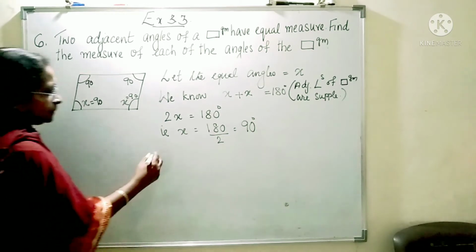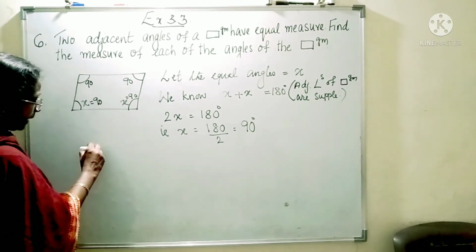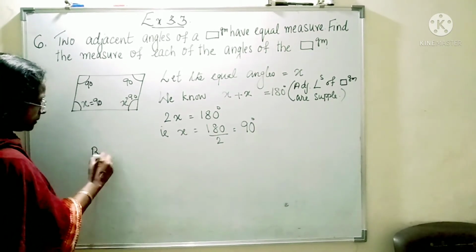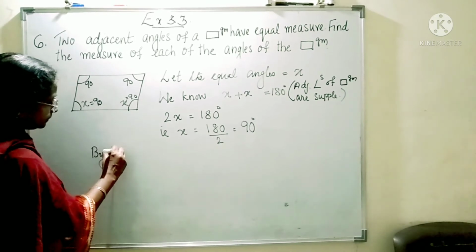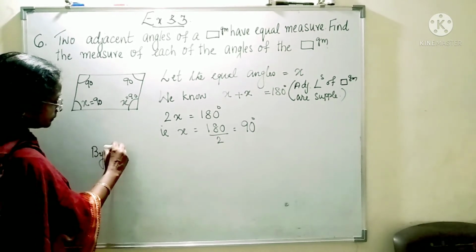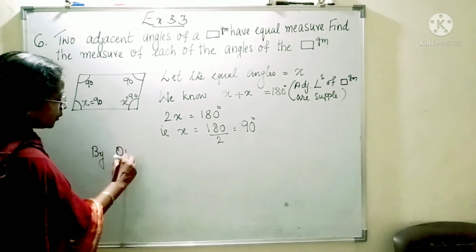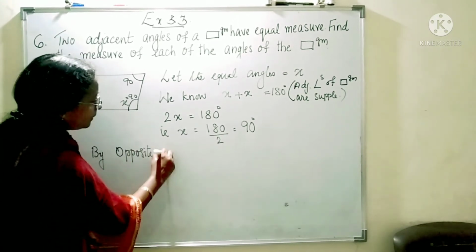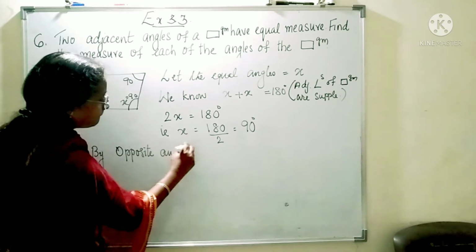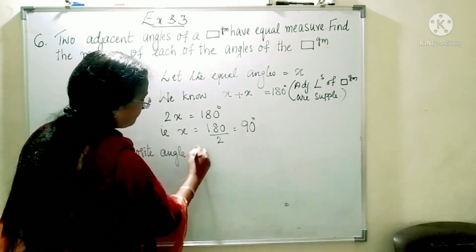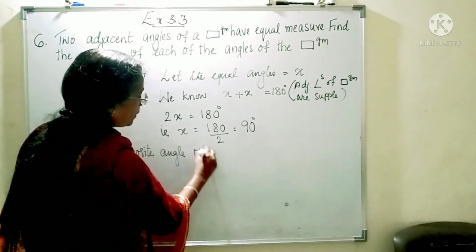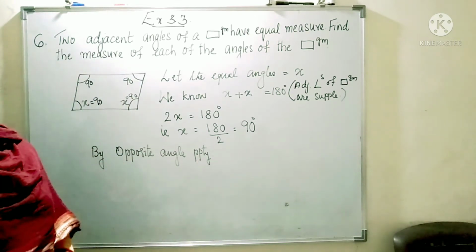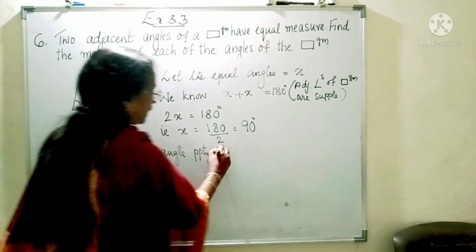So you can write by opposite angle property. Which property is it? Opposite angles property of parallelogram.